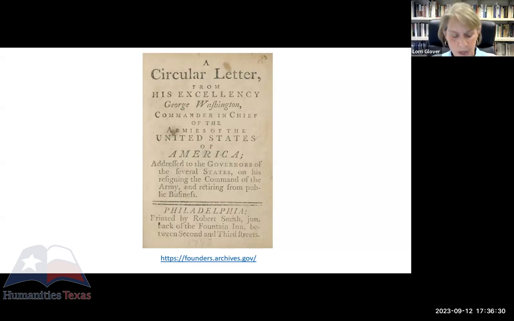He had a list of priorities to keep the country surviving. And number one was an indissoluble union of the states under one federal head. And a little further down in the essay, he urged people to sacrifice their individual advantages to the interest of the community.